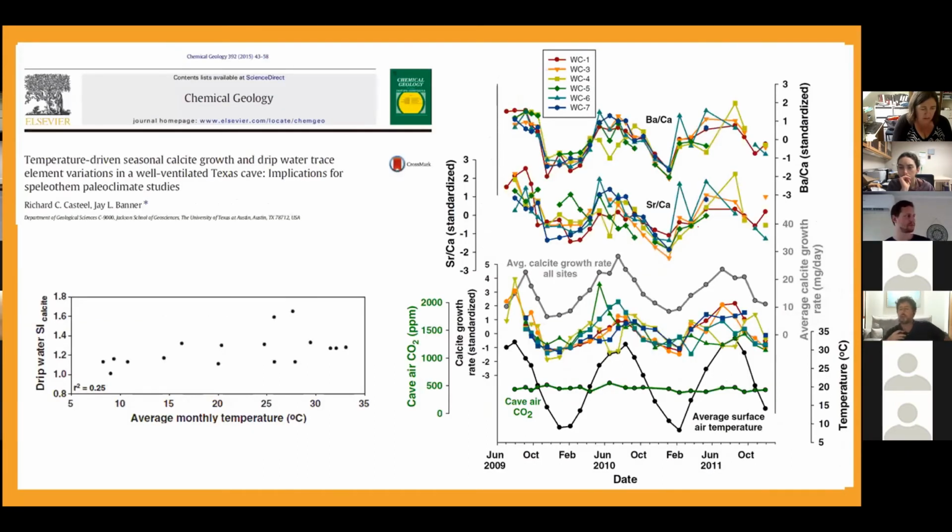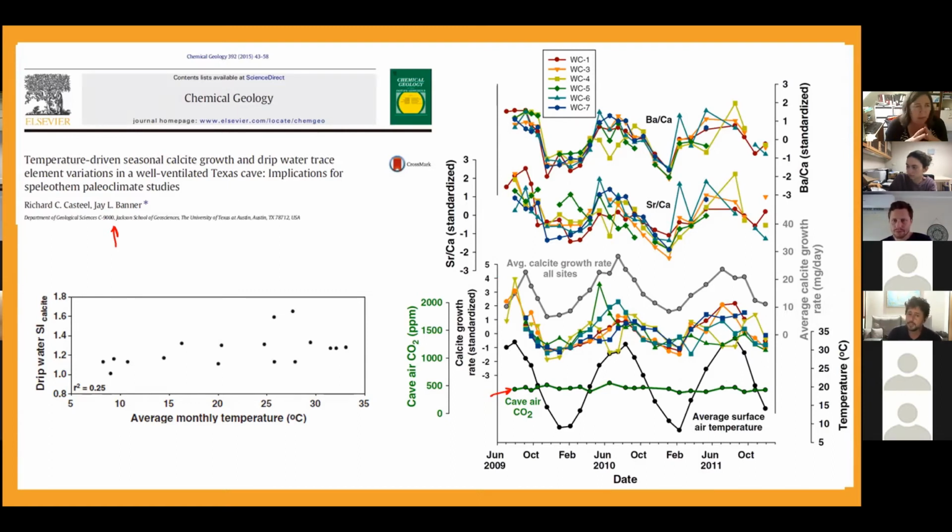Well, one of the interesting studies that shows this effect of temperature is this study performed by Banner and Richard in the caves of central Mexico. I really like this study, it's really well done. We see he monitored 7 monitoring points, in a well-ventilated cave. You see the CO2 is nearly constant across these 3 years of monitoring.